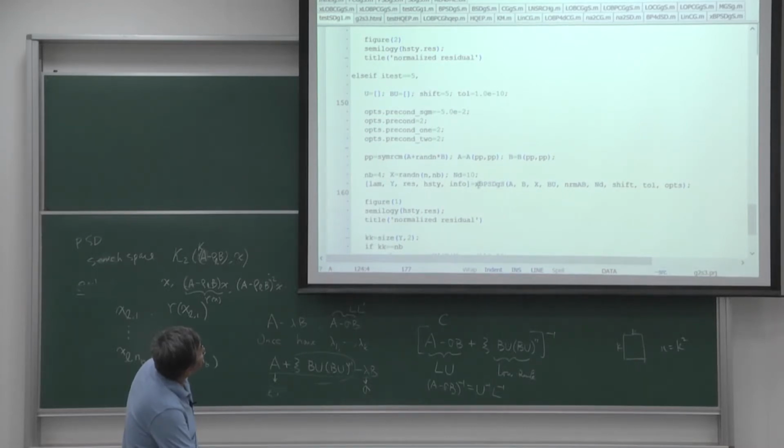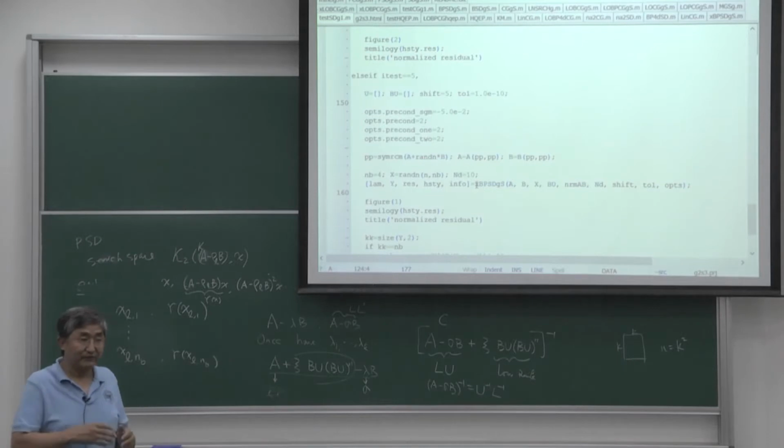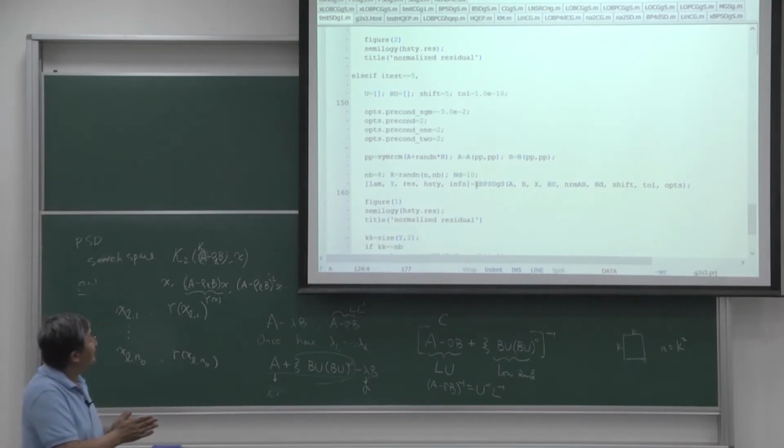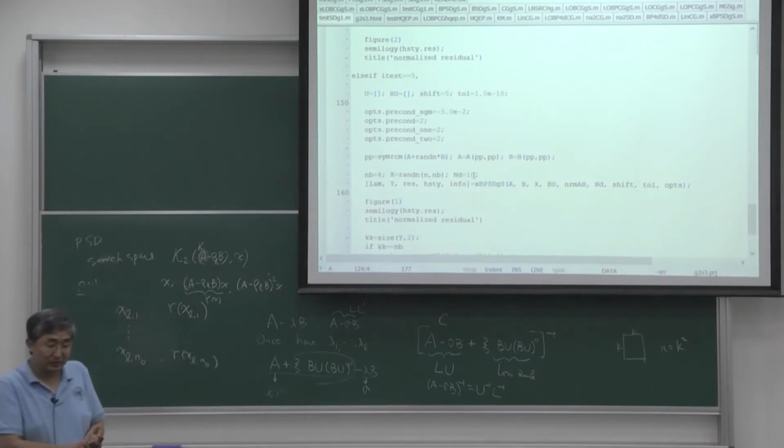What does the X stand for? It would be the expert version, in the sense that if one converged, I increase the block. I maintain the block size always 4. So there's a block size called X4. Then I try to compute 10 eigenvalues.